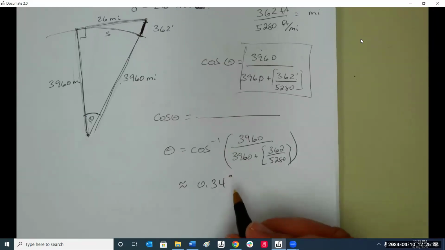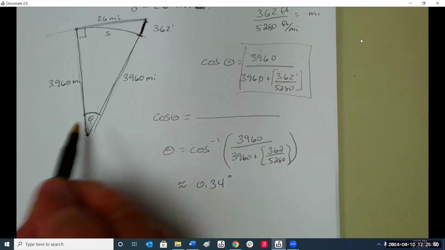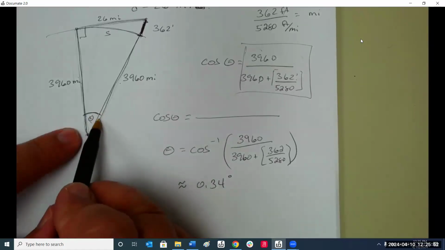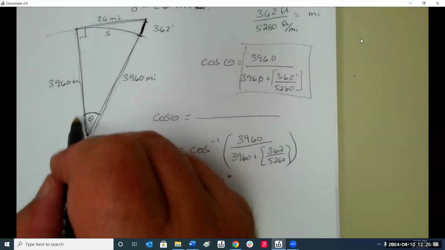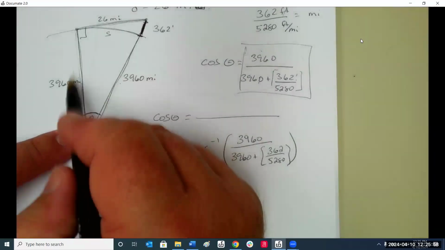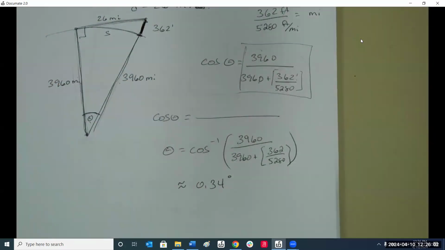You were supposed to get 26. No. We're looking for the angle here. And then once we find the angle, then we can determine that. So we can use tangent and then calculate for the distance here, see how long it's going to be.